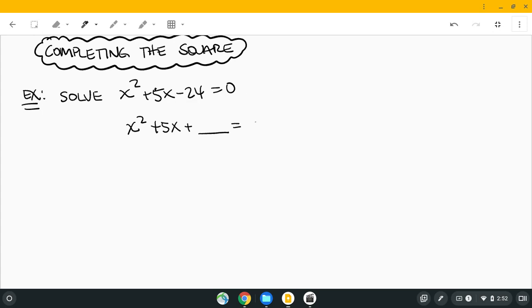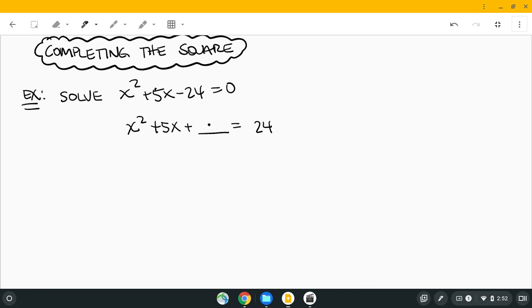So I'm going to add 24 on this side. Oops, I said 24, but I wrote 25. Negative 24 was not working for us, so we're going to find a nice perfect square term here that'll allow us to factor this as a square.